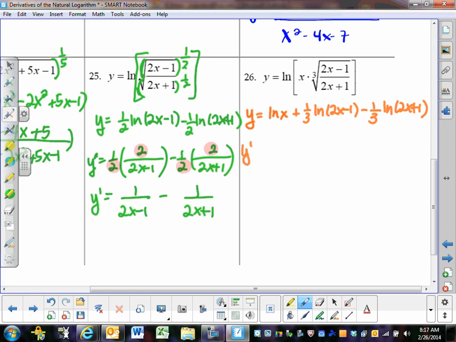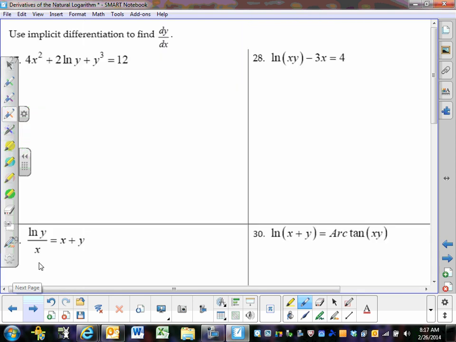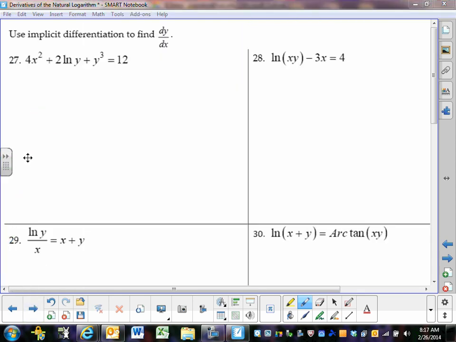For number 25, this is really the top part has a square root and the bottom part has a square root. Since everything has a square root taken, we can actually split that up. But this is all inside, so we can rewrite this as 1/2 natural log parentheses 2x minus 1 minus 1/2 natural log parentheses 2x plus 1.